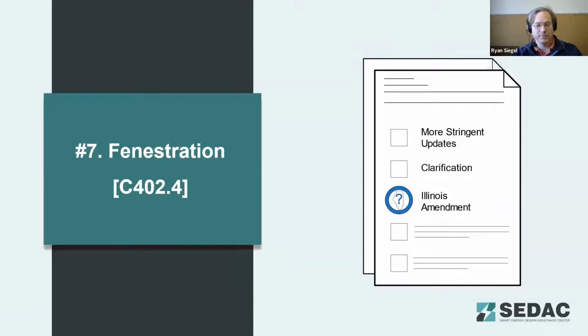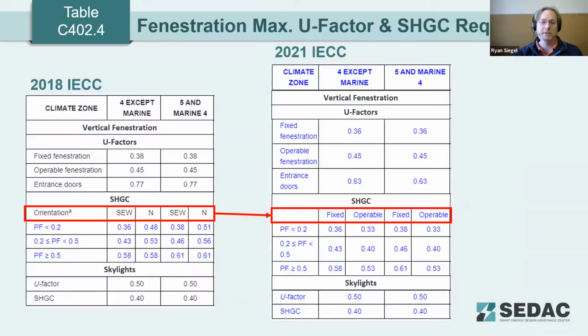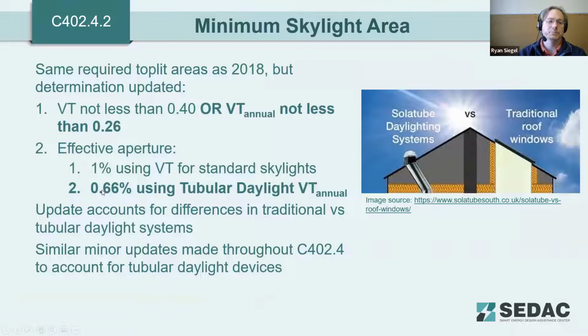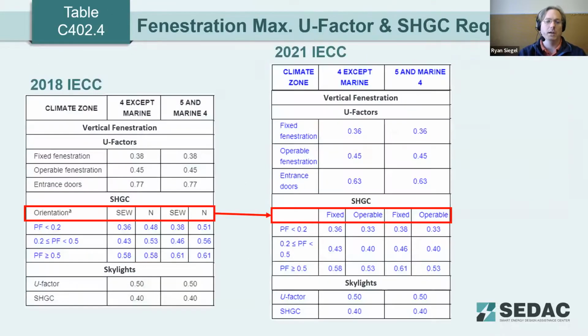With that, we're going to move over to fenestration a bit. One of the biggest changes that the code did this cycle was previously the solar heat gain coefficients that were required were based on the direction of the fenestration, and it is now changed to, is it fixed or operable fenestration?